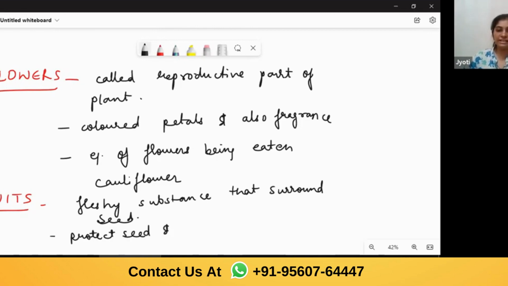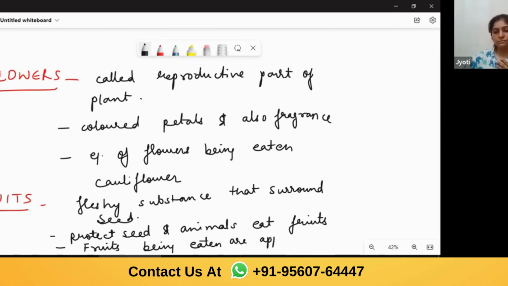And animals eat the fruit also. Yes, we are also coming in the category of animals only. And the fruits being eaten are like your apple, mango, etc.